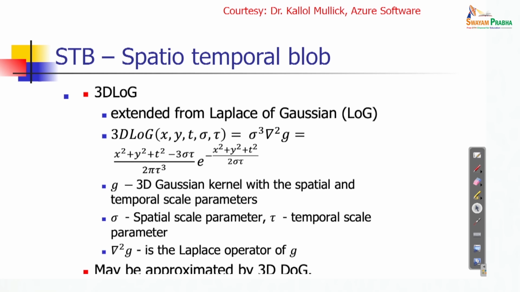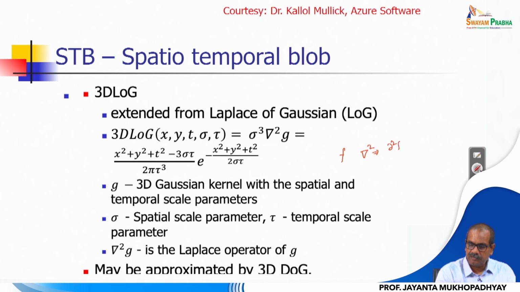So as you know that in 2 dimensions, if I have a function f, then its Laplacian would be ∂²f/∂x² plus ∂²f/∂y². That means this is ∇²f.